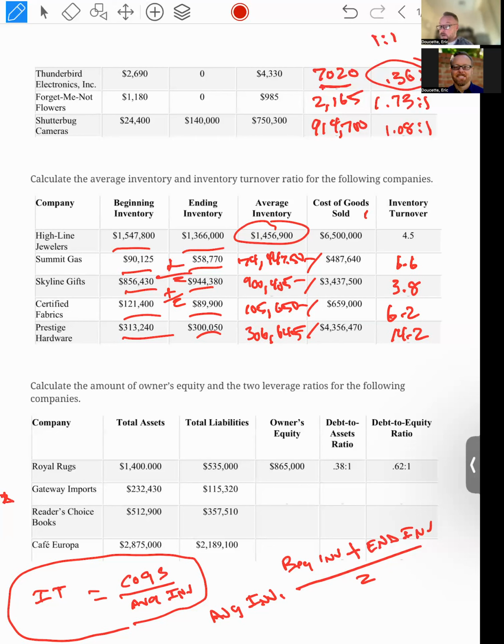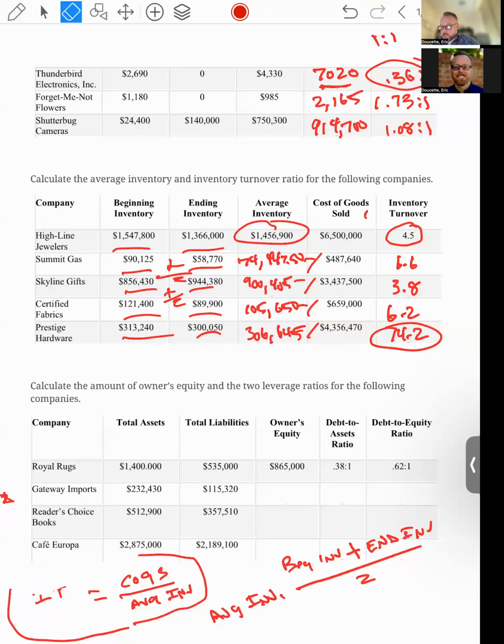So you want to be able to turn it over quickly. In most cases, the quicker the better, but is it good or not? It depends on the industry and your prior years. But maybe 4.5 days versus 14.2 days to get those things processed. So, all right, that's inventory turnover. That is a ratio that you'll want to know about.